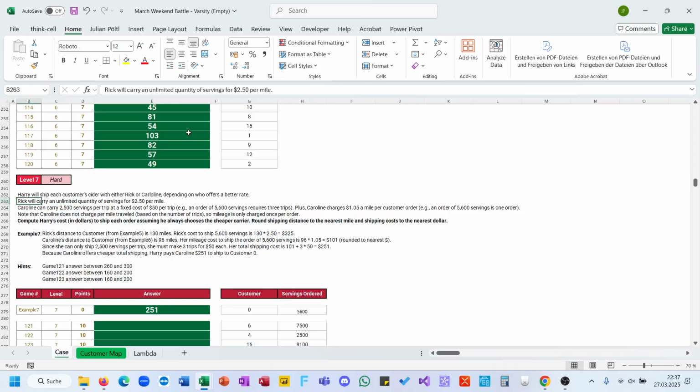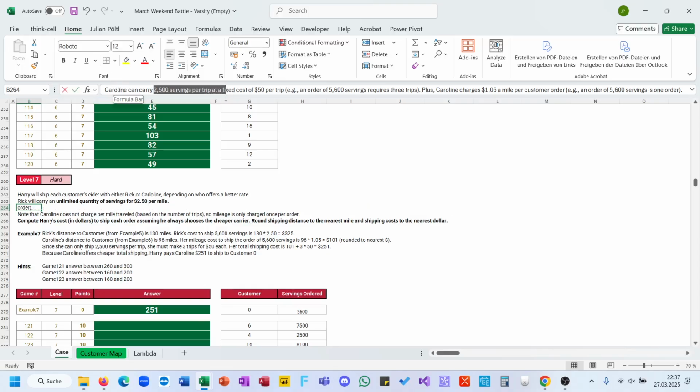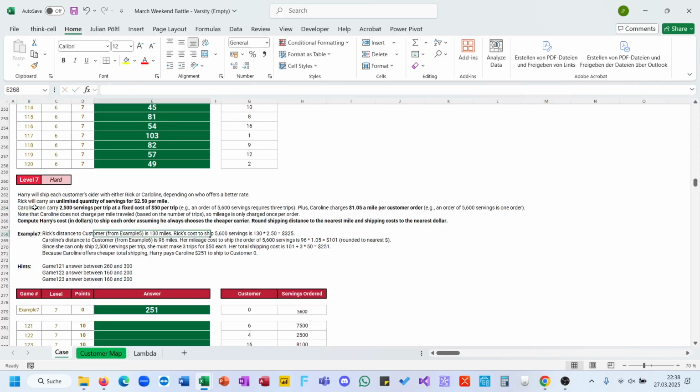Unlimited quantity for 250 per mile. 250 per trip of 50 per trip, so 3 trips. And per mile. Per order, and order is like the whole thing.